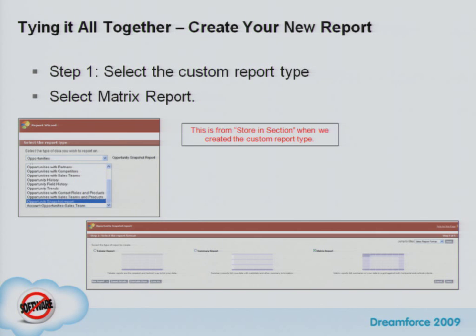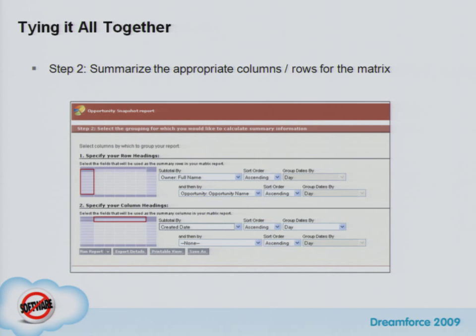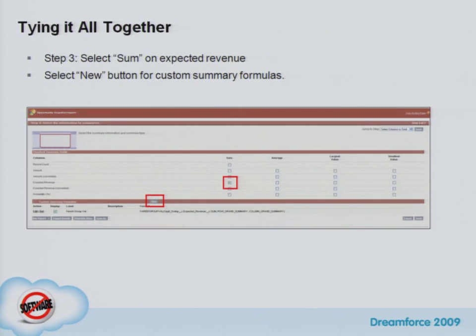Okay? And I'm selecting a matrix report in this example. Okay? I'm going to summarize the information based on whatever I'm looking for, what the VP was looking for. He wanted to know who the owner was, and created date information. So I'm summarizing it by that for him. And then I'm taking the summary of the expected revenue because I'll be leveraging that in my advanced formula.